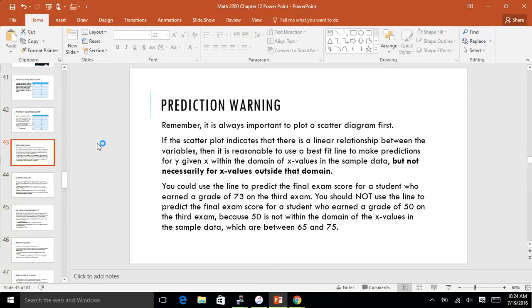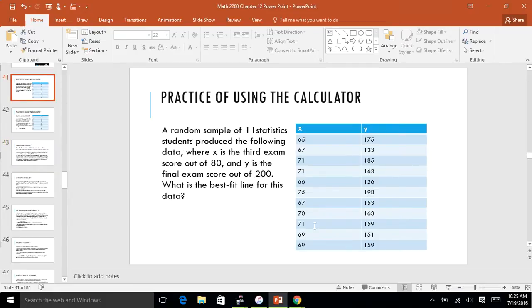So remember, it's always important to plot the scatter diagram first. If the scatter plot indicates there's a linear relationship between the variables, then you can make the line of best fit. But it's not appropriate to use x values outside that domain. So think about it this way. On the last example, I could predict a grade of 73 because my data ranged from 65 all the way to 75.